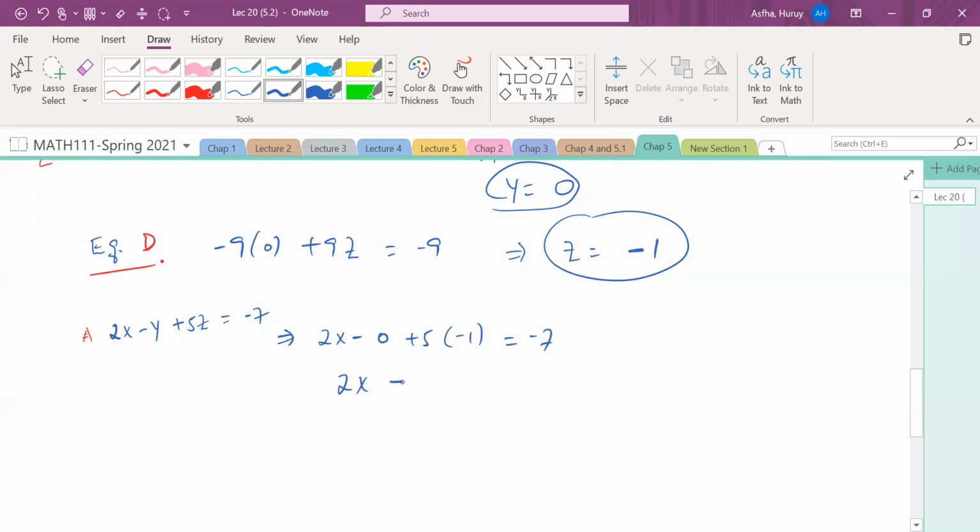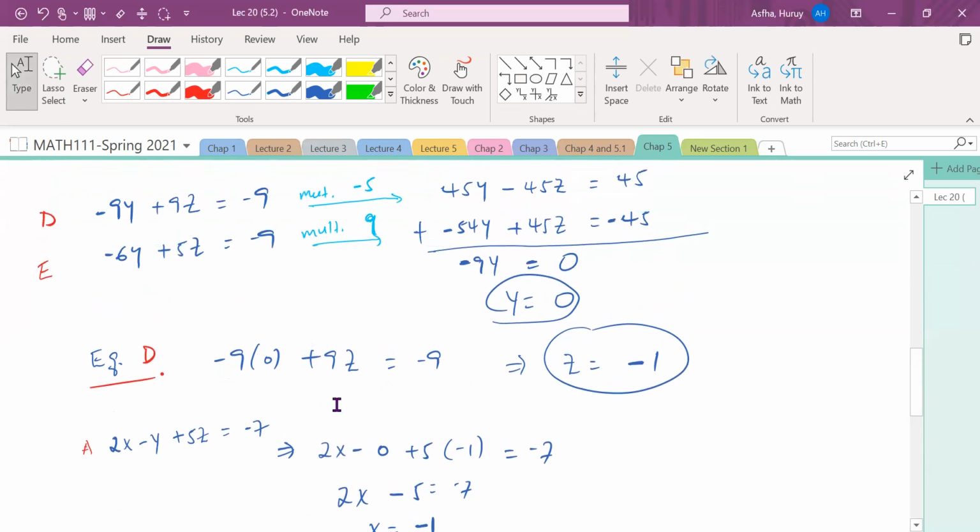So 2x minus 5 is -7, and if we take this to the other side, 2x is -2, so x is -1. Therefore, the solution to this system of linear equations is x equals -1, y equals 0, z equals -1. Okay, so this is the solution.